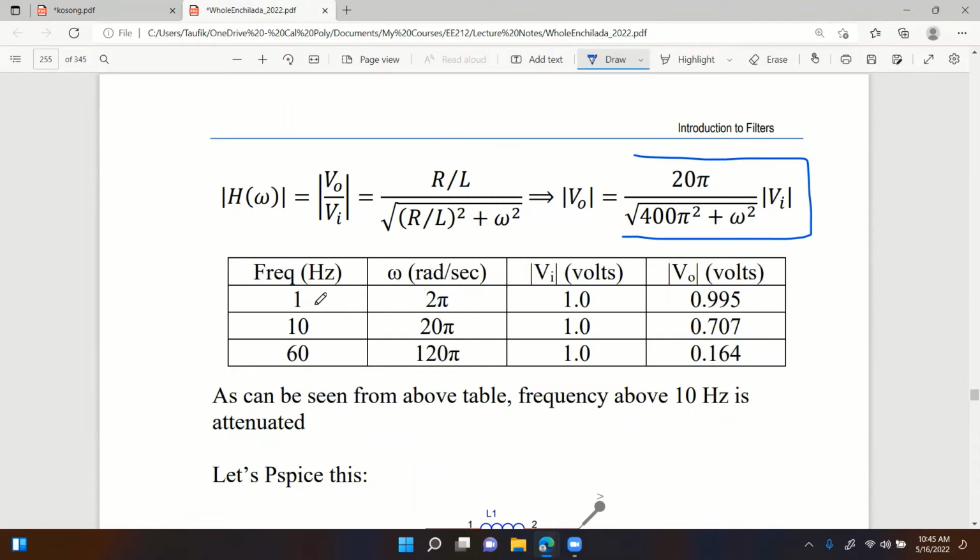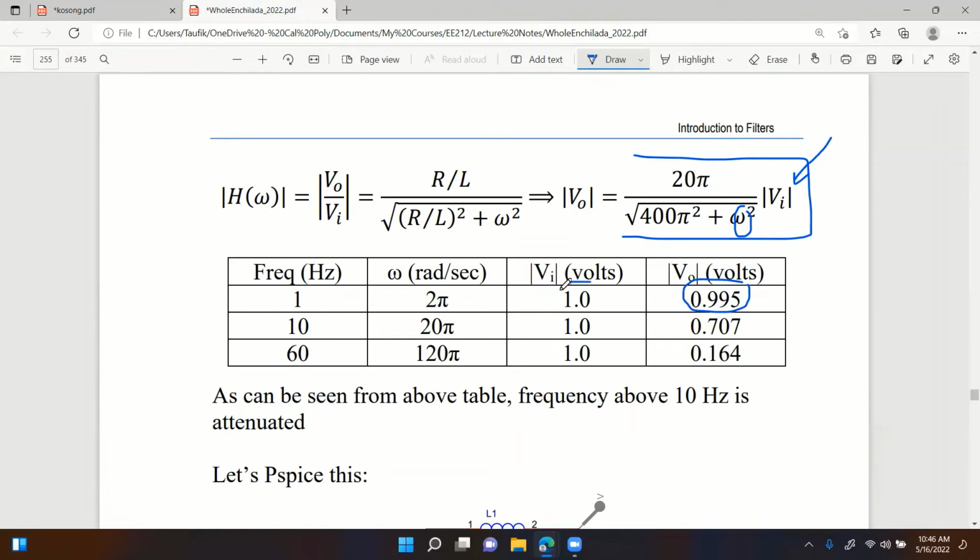So 1 hertz means 2 pi times F, that's 2 pi times 1. Now you get the omega, plug it into this equation, and if you put in 1 volt, you can see the output voltage is 0.995.